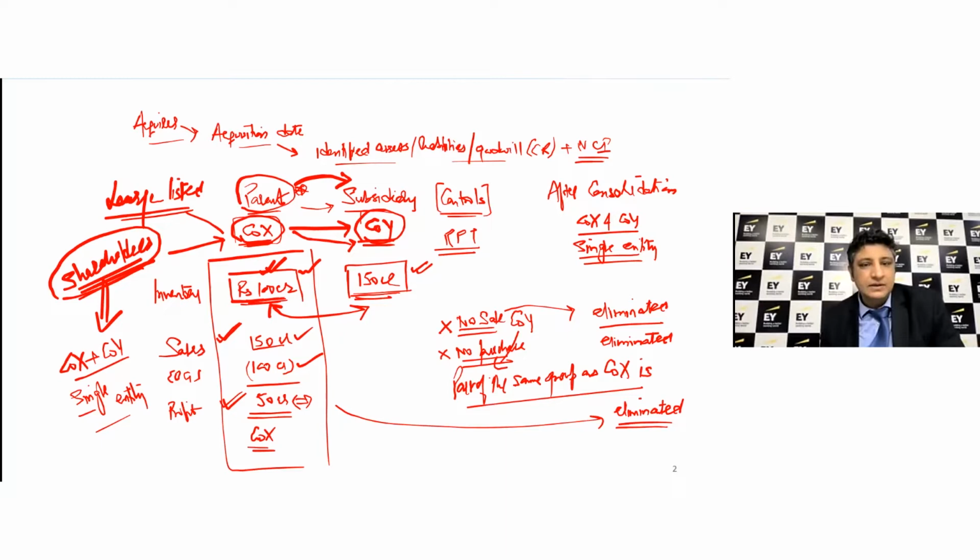Right? Can you sell to yourself and make a profit? Well, of course, it's not possible. Accounting does not allow that to happen. Otherwise, everybody would start selling to itself. Right?